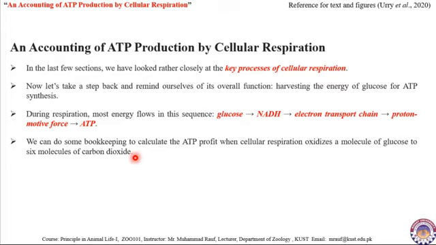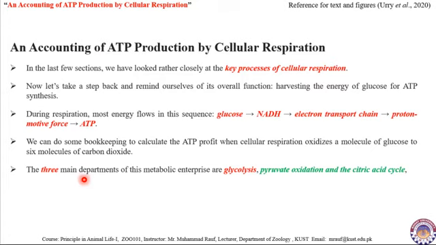So each pyruvate molecule results in the production of 3 carbon dioxide molecules, and because 2 pyruvate molecules are produced from the breakdown of a single glucose molecule, overall a total of 6 carbon dioxide molecules are produced, and all the 6 carbon atoms present in the glucose are broken down.